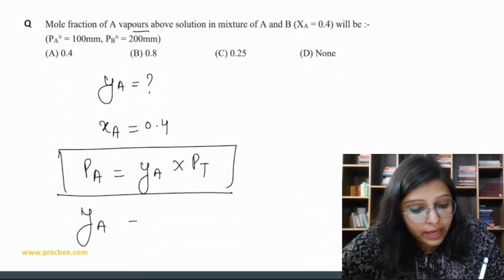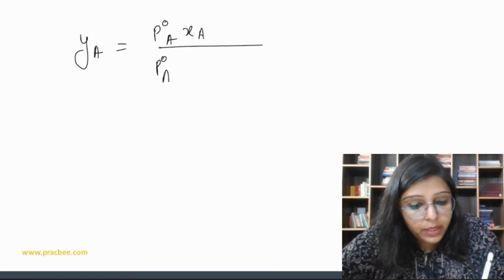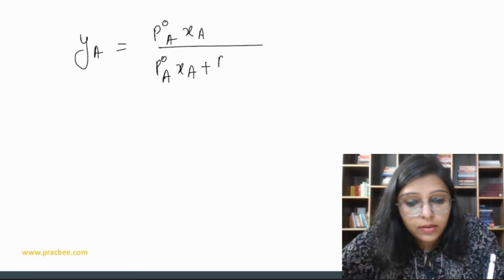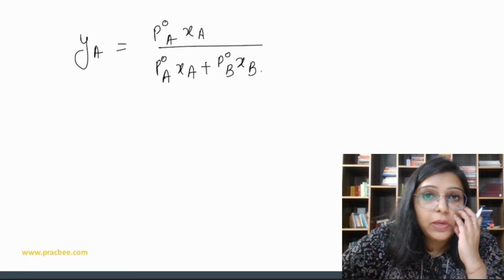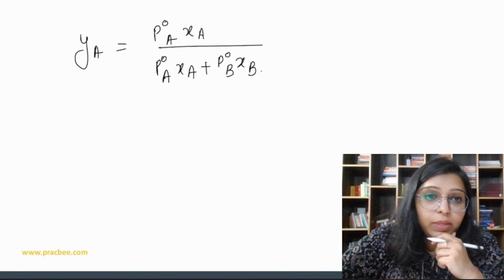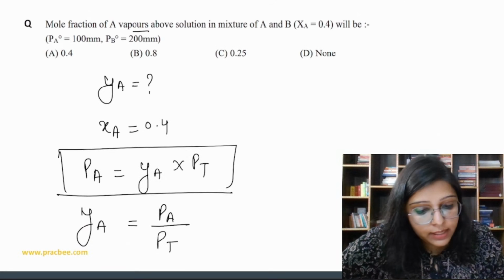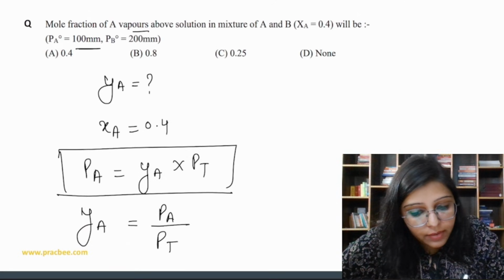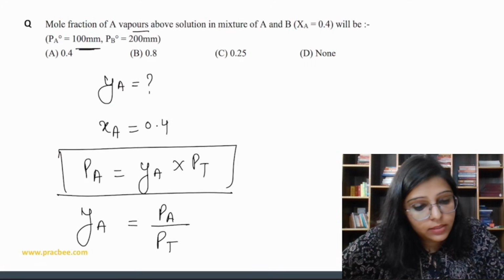Now, YA I can write as PA upon P total. YA is equal to P naught A XA upon P naught A XA plus P naught B XB. P naught A is given 100, so 100 into XA, which is 0.4.